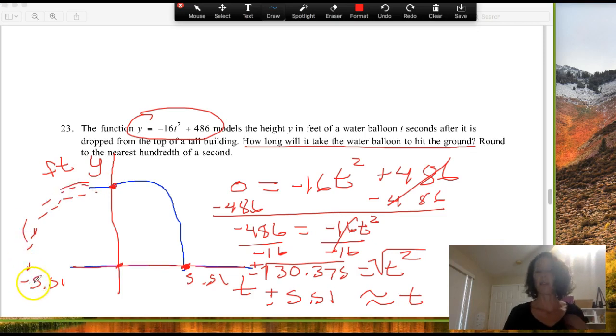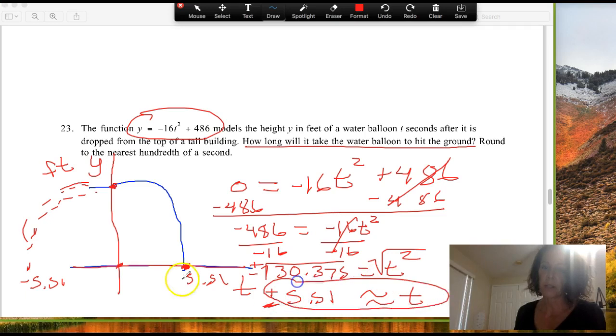It would have this negative value. Now I don't care about that negative value because I started in the middle at my vertex. I only care about the positive value. That's how long it will take me right here. From here to here, it takes 5.51, and it's in seconds. So I'm going to put S for seconds, and I'm finished.